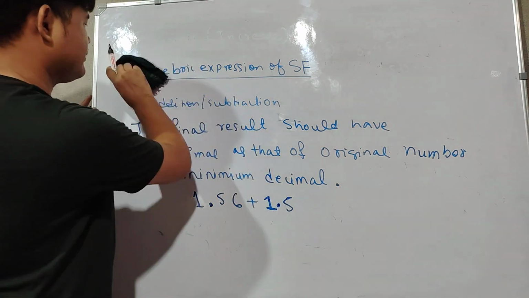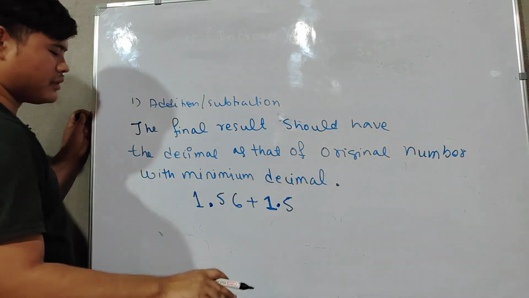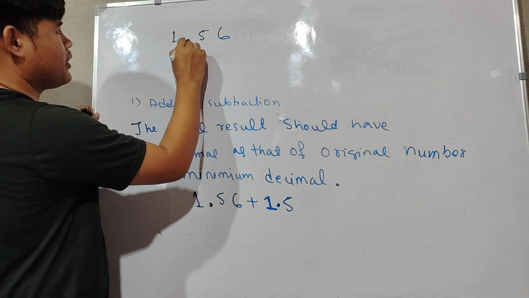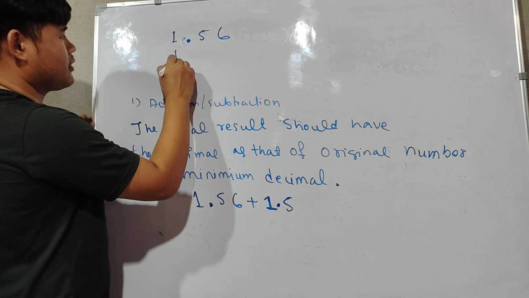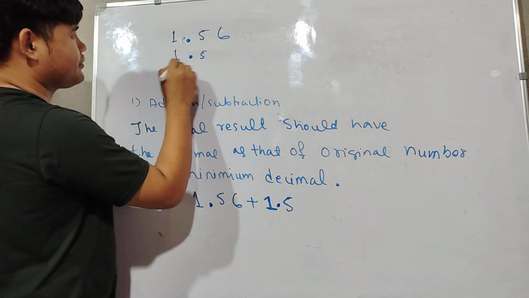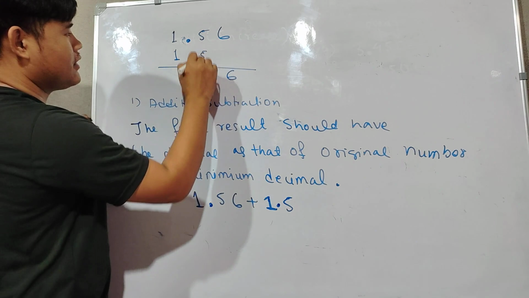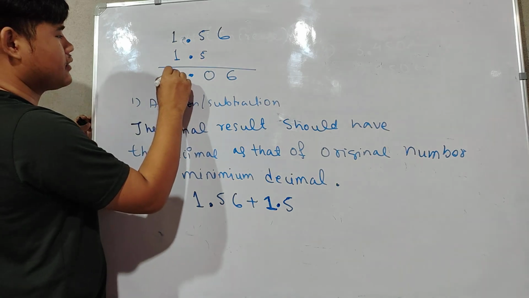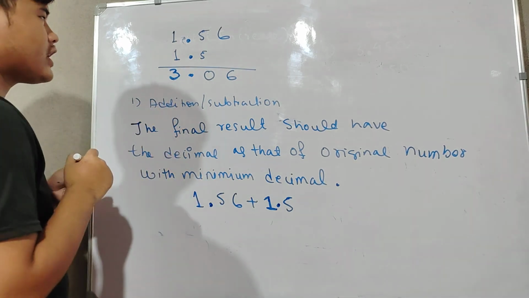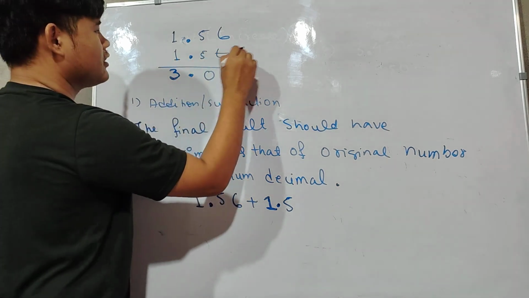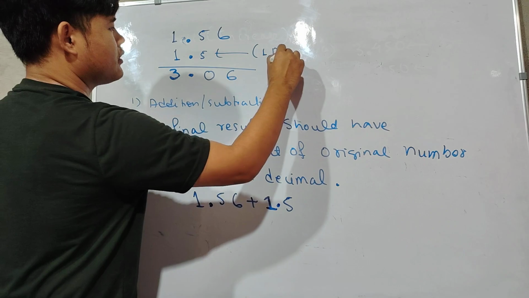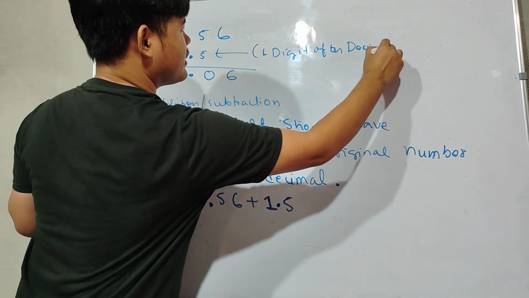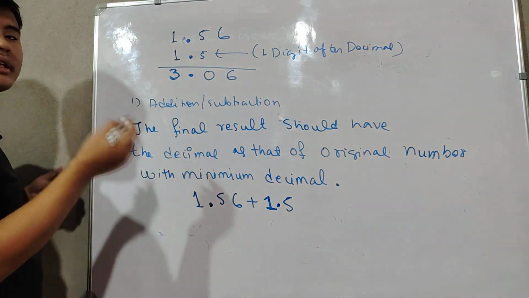Let's write it down. Suppose we add 1.56 and 1.5. We get 3.06, right? So now after rounding up, see, this is the one digit after the decimal.